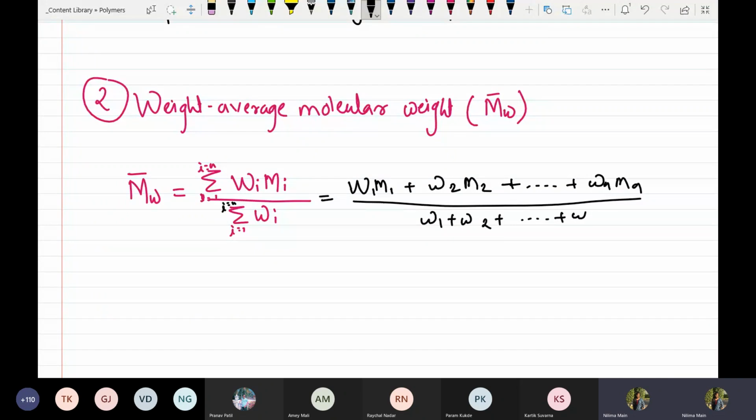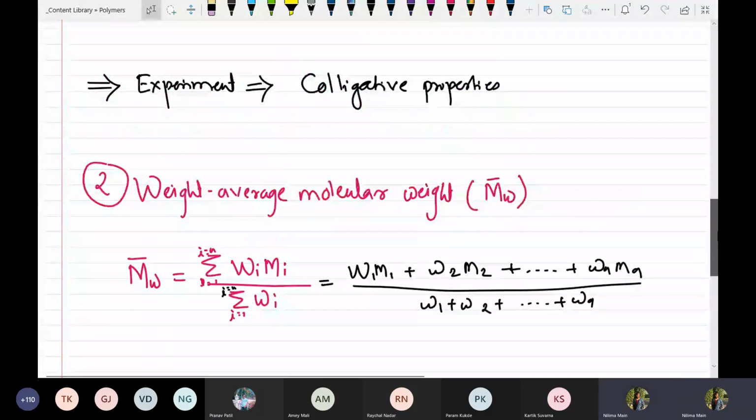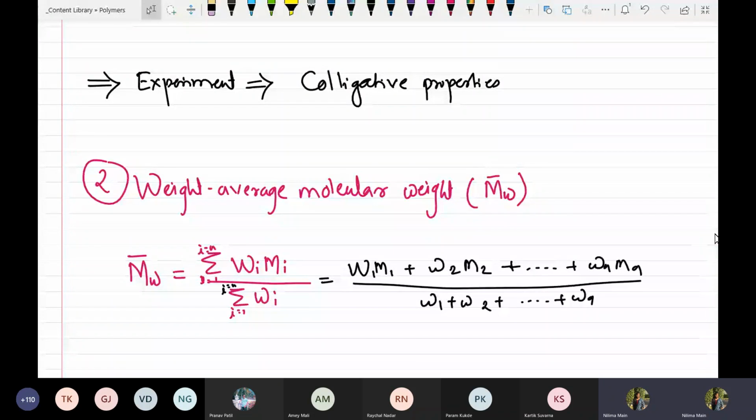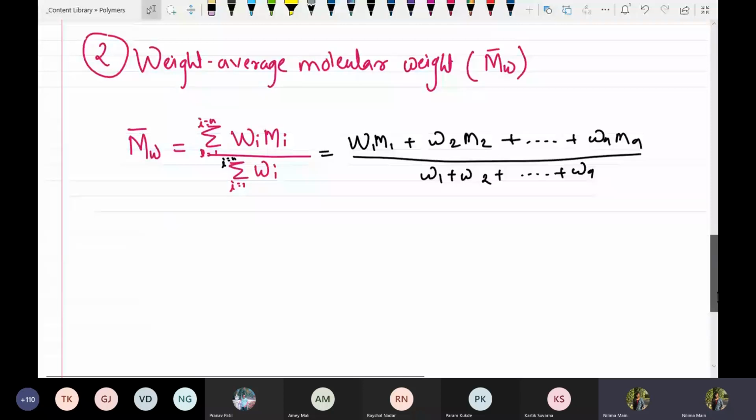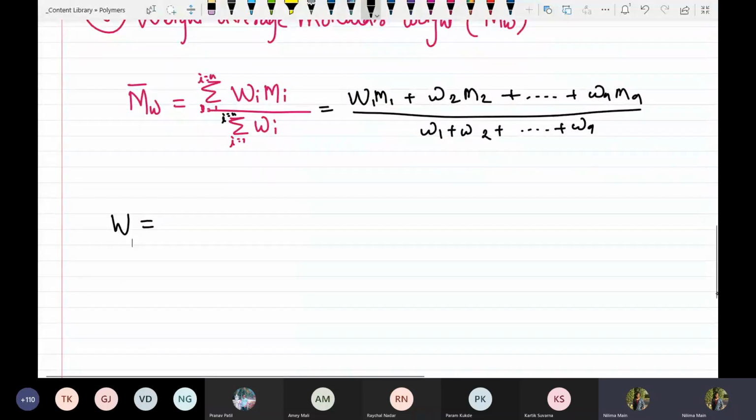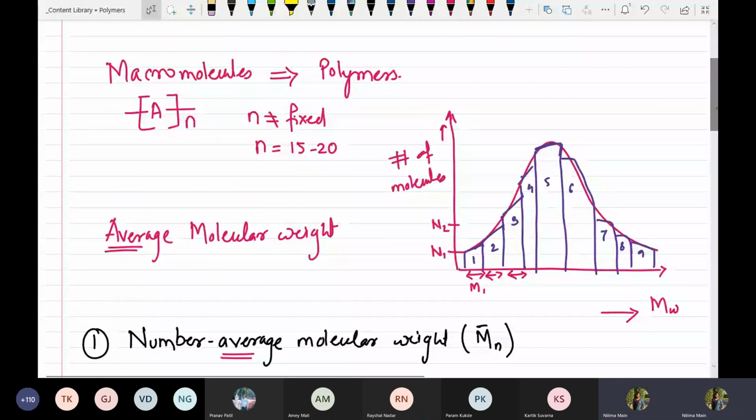Okay, weight. So what did we do? Weight average में what is the weight of the polymer having a specific molecular weight. So उसको multiply करना है. But weight को आप split कर सकते हैं. You can substitute for W. So basically the weight quantity, for example, in this case, this entire region covered by first number 1, let's say this particular bar, this entire region represents the weight of the polymer molecule.